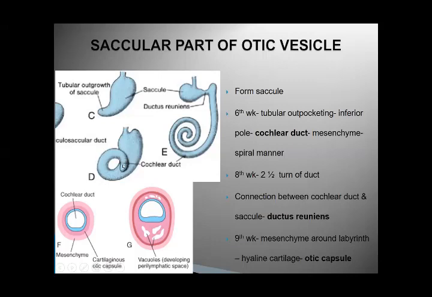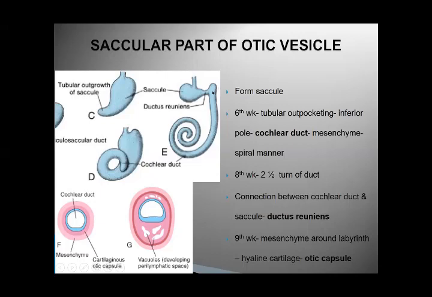There is little space over here, so it cannot accommodate the whole length of the cochlear duct. So this cochlear duct simply winds upon itself. Yeah. So now its name has changed to cochlear duct. This is a cochlear duct which is still connected to the saccule. It arose from this, going round and round.